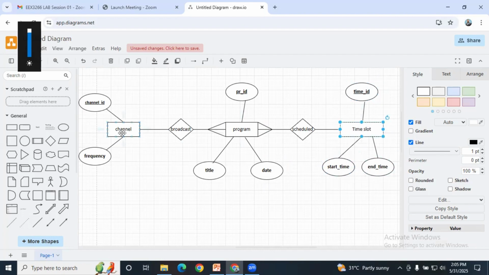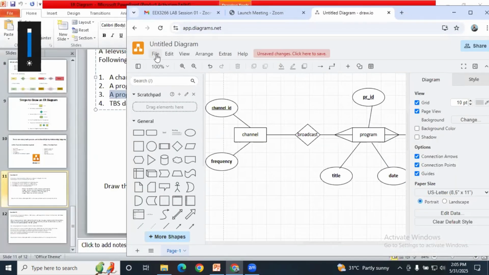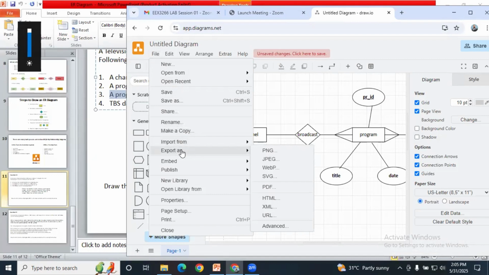And the relationship from channel to program is 1 to many, and program to time slot is many to 1. Okay. And finally, you can download this like this. Go to the file and you can export it in PNG format or JPG or any kind of format.